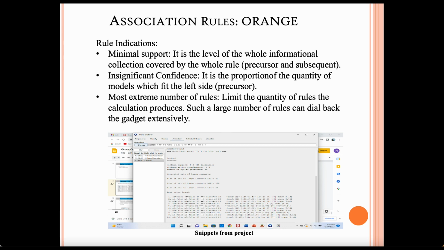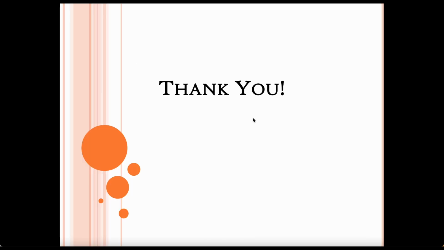It is the proportion of the number of examples which fit the left-hand side antecedent. The maximum number of rules is limited by the quality of rules, and a calculation that produces such a large number of rules can slow the system down considerably. So these are some of the association rules. Yeah, thank you.